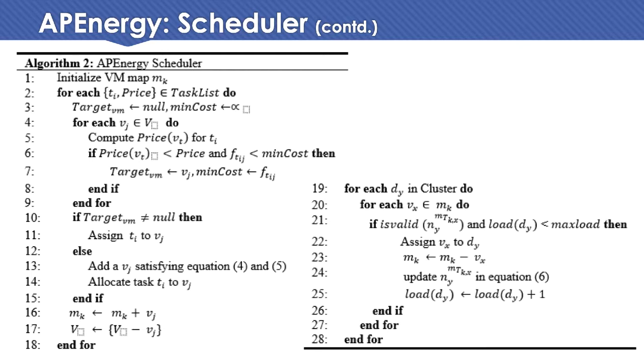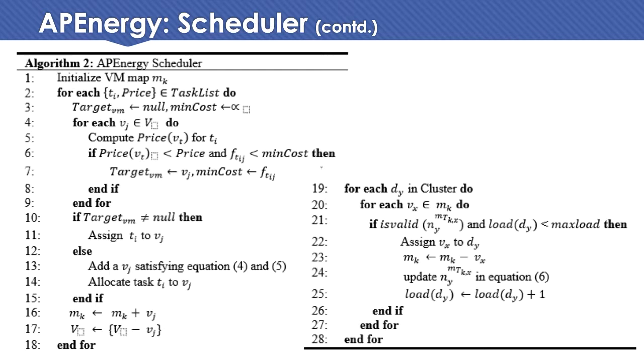The VM's tasks and PM's map M of K is initialized for workflow W of K. For each task processed by the controller, the task's times and prices are available in the task list. The scheduler computes the price of assigning a task to a VM based on availability of the VMs. Once a mapping is produced, the tasks are removed from the task list.